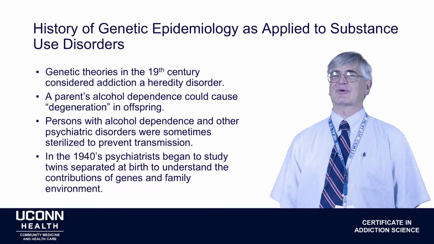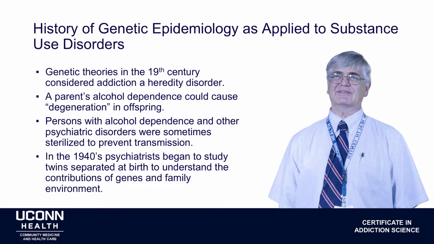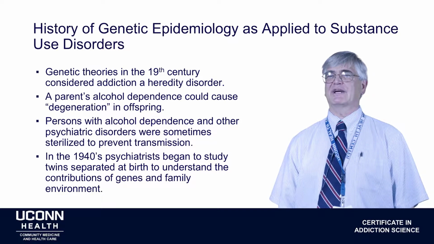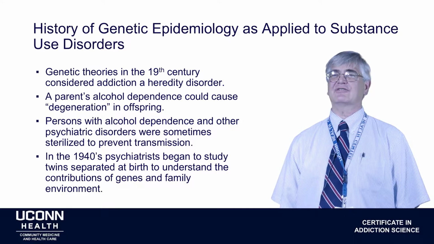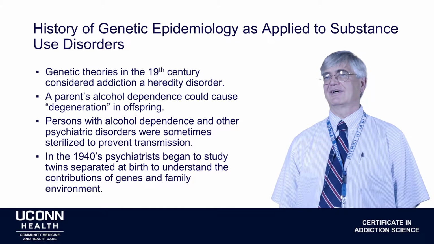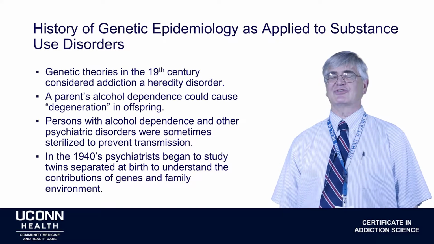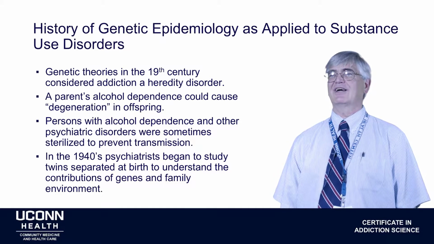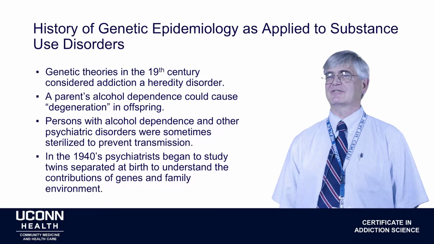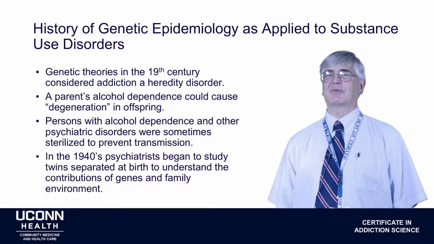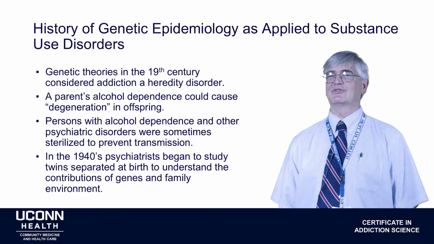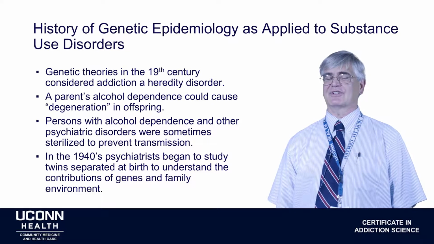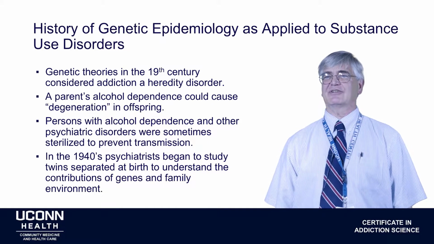And with this separation, it was a natural experiment, as many other types of designs are, so that we could begin to separate the effect of genes from environment. If there was a genetic effect, we would expect the twins separated from the family to have the same risk of developing substance abuse disorders as their siblings who in fact lived in the family.